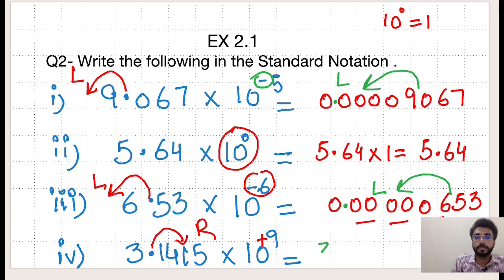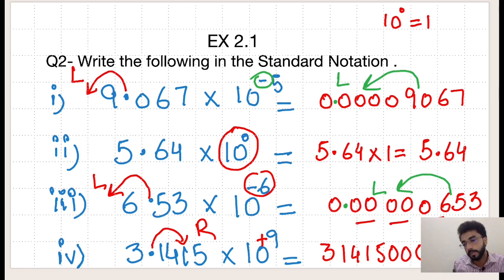314, 15. 4 digits, we have to write 5 zeros after 5. 1, 2, 3, 4, 5.0.